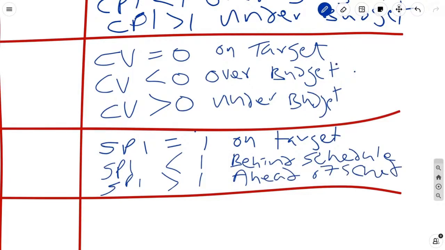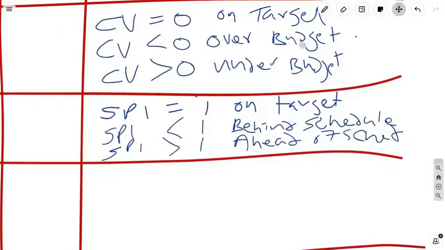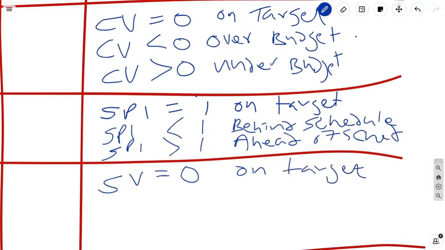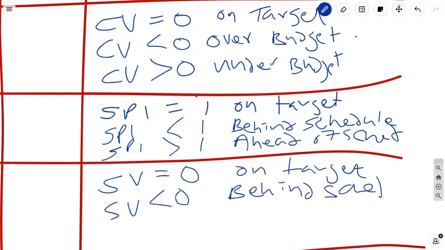And then last but not least, the same for the cost variance: schedule variance. Schedule variance equal to 0 is on target. Schedule variance less than 0, this is bad, this is behind schedule. And schedule variance greater than 0 means you are ahead of schedule.